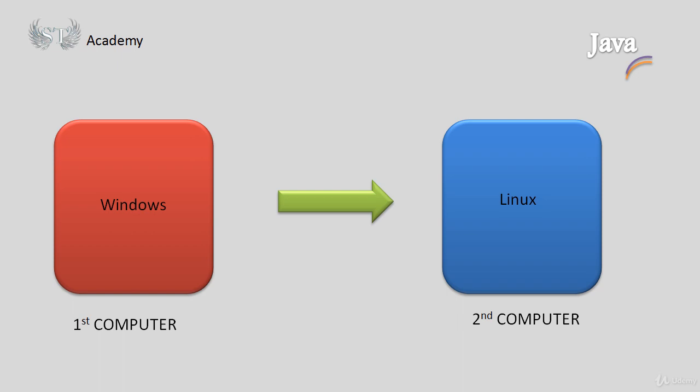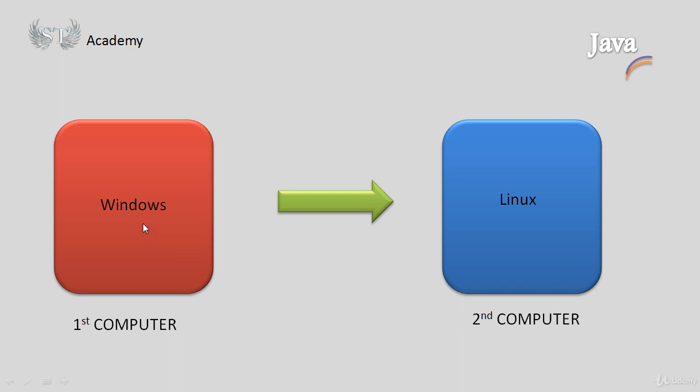As I told you, some of the languages are known as platform dependent languages. One such language is C, which is a platform dependent language. Suppose I created an application in C language on this first computer, which has the Windows operating system.